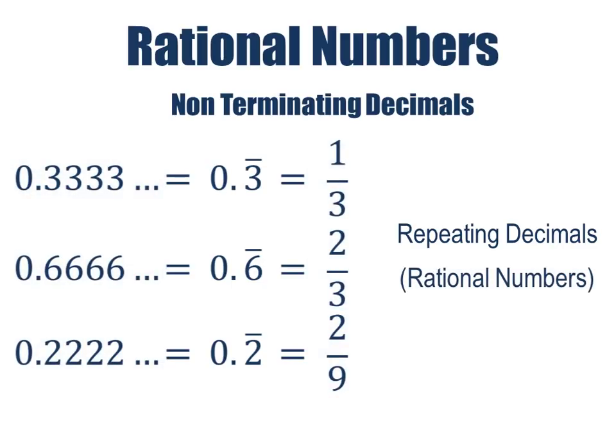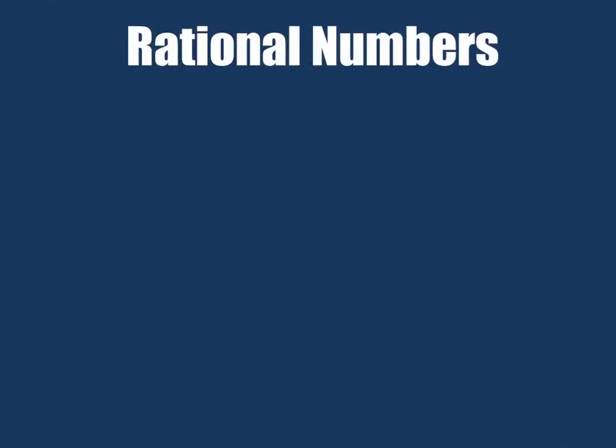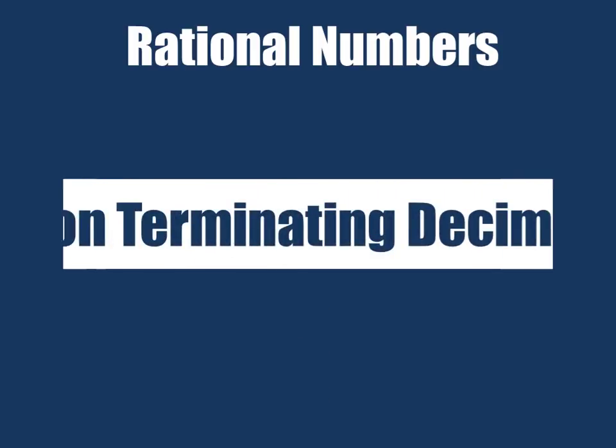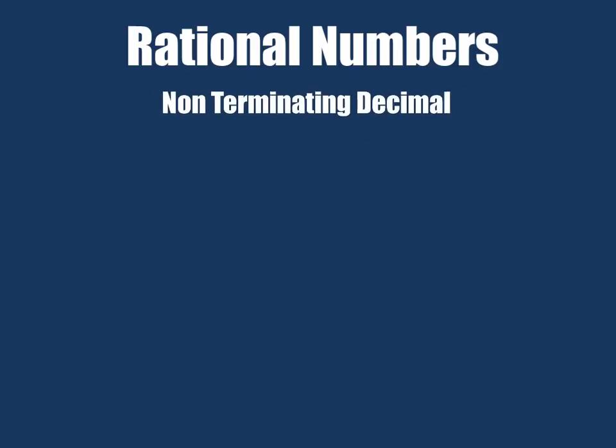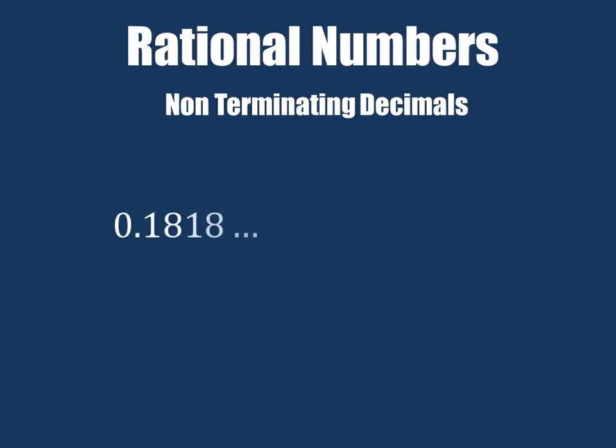Lastly, there is another kind of non-terminating decimals, where instead of a single number, a specific pattern occurs again and again forever. Like we have 0.1818. This 18 is repeating forever, which is represented as 0.18 bar, and which is equal to 2/11 or 2 over 11.